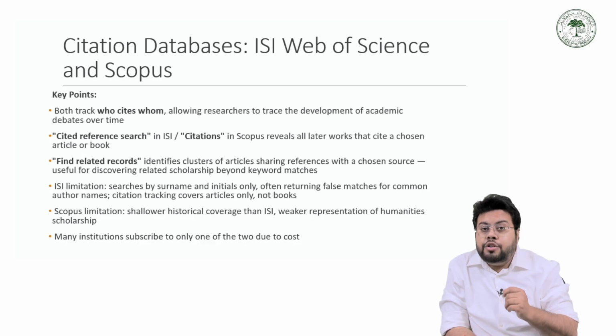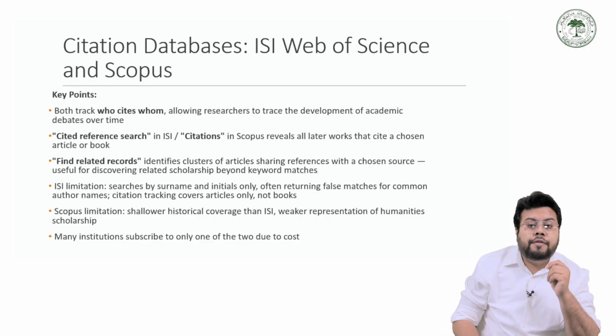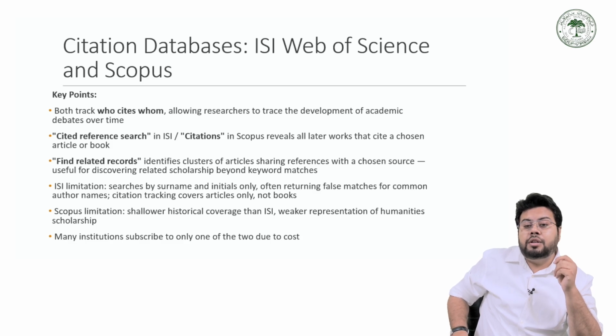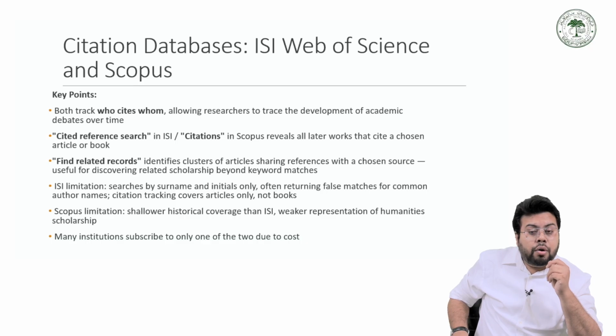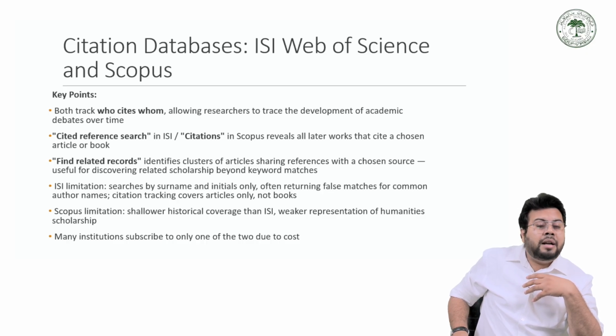So, pay close attention. A citation search flips the normal direction of research. Instead of starting with a keyword and hoping to move toward relevant articles, you start with one article or book that you already know is important, and you ask yourself, who has cited this since it was published?